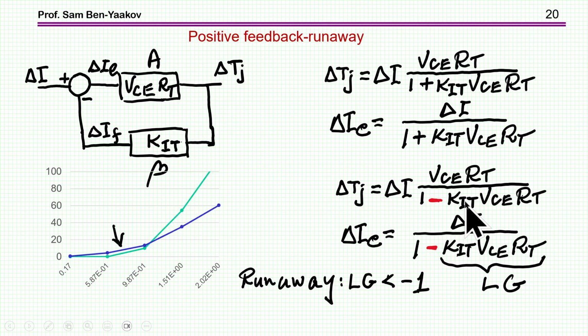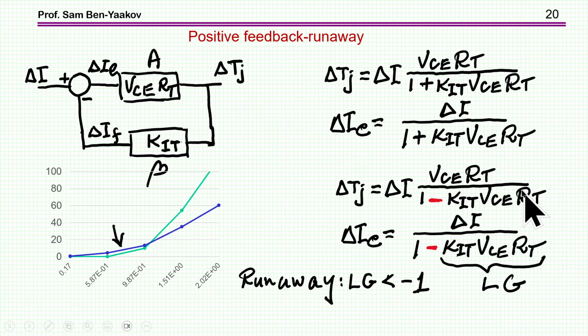It is stable, but this number now is smaller than 1, so the temperature change will be larger than would have been expected in open loop, and the same thing goes for the current. The current will be actually larger than expected from just the datasheet and open loop. However, this K will be very small because you see the difference here is very small.